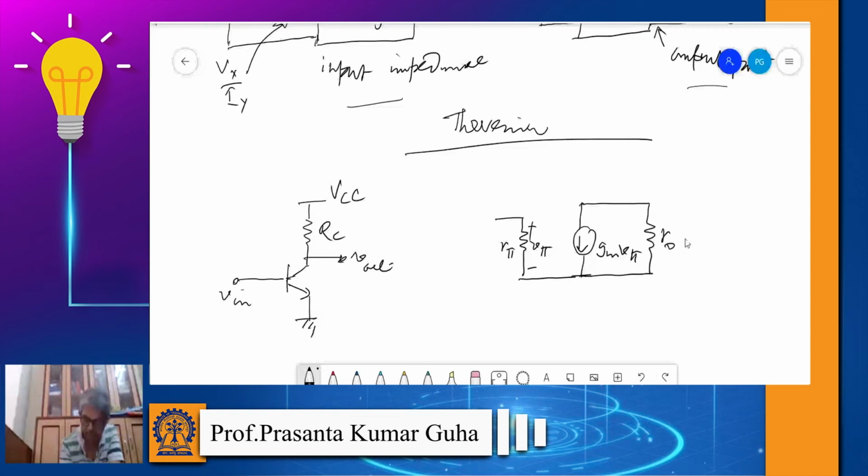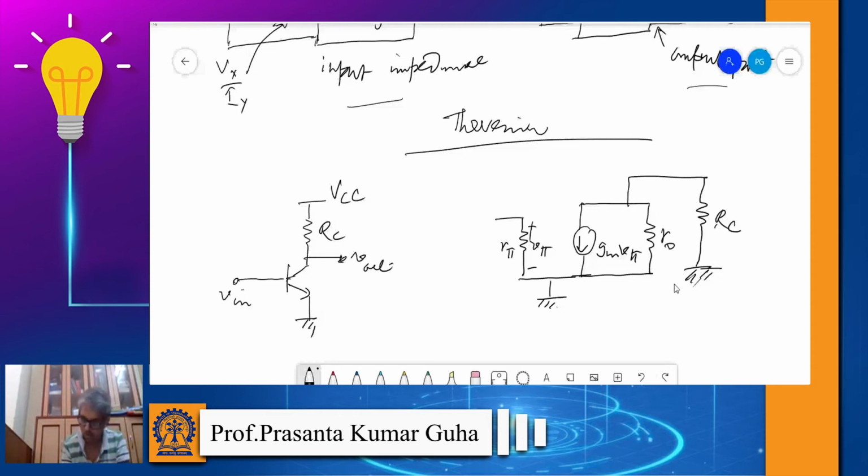This is grounded. This RC also needs to be grounded, because for this AC signal analysis we short all these DC voltages, so RC is basically AC ground.